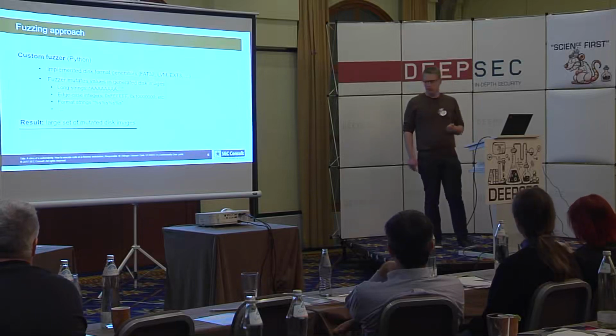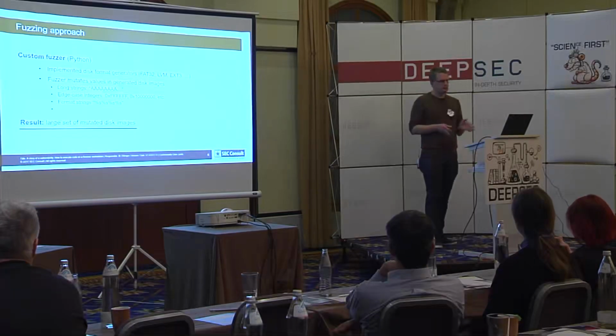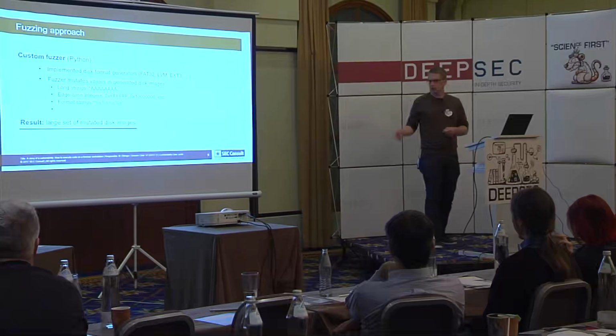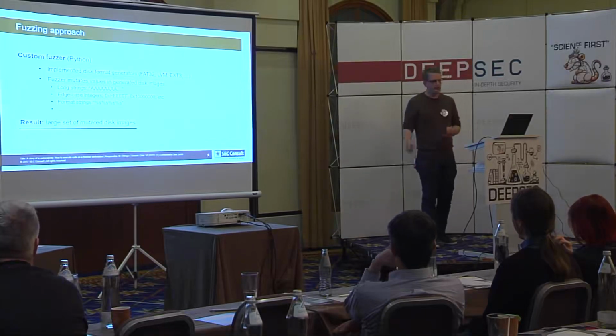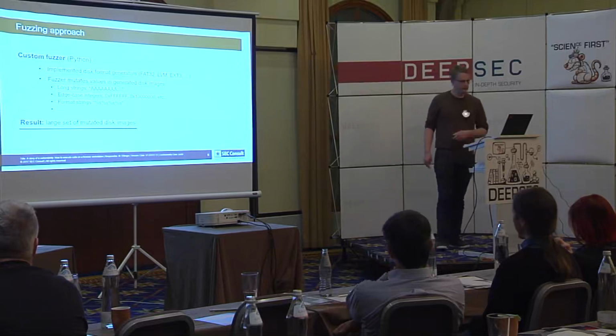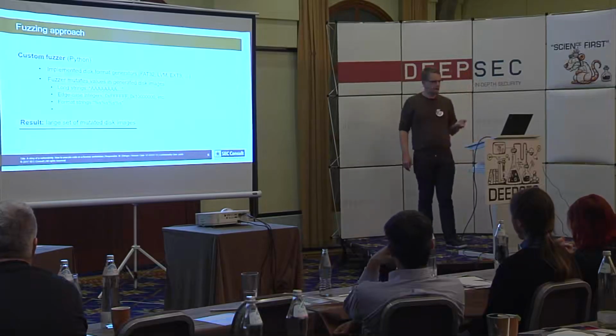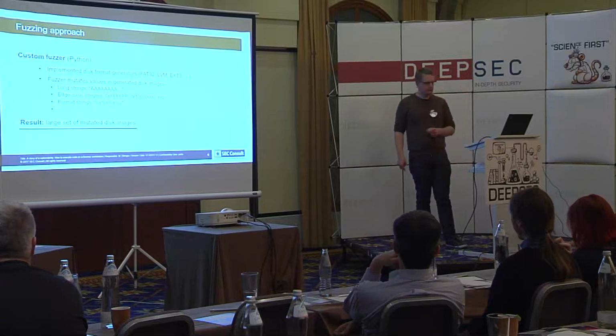We then used the fuzzer to generate those disk images, but modify some of these values. For example, we would replace strings with long strings, or replace integers with certain edge case integers, and so on. As a result, we had a large set of disk images of all sorts of different formats that were manipulated in some way.